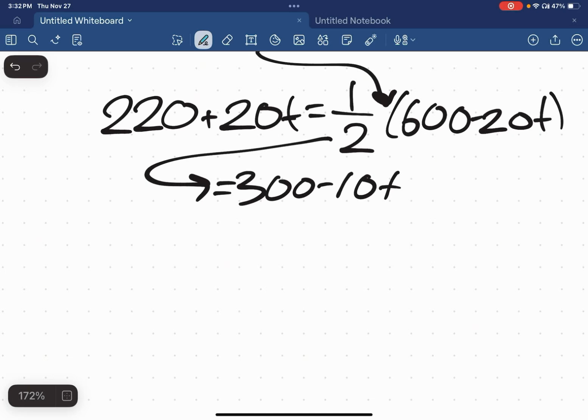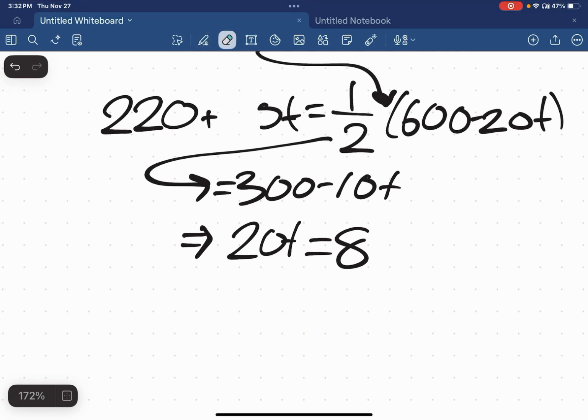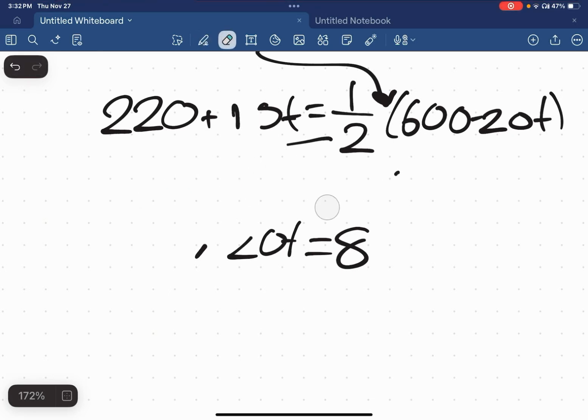And that means that 20T is going to be equal to, whoa, whoa, I see what I did wrong. That's not the equation for how much a TV is. It's 10T, 10T. Okay, 20T. Now this all works. Okay, let me just fix this real quick. Erase all this. Okay, here we go.